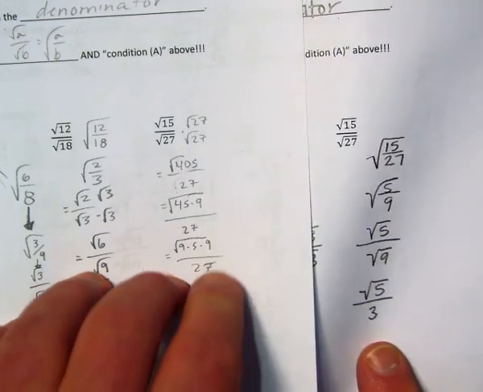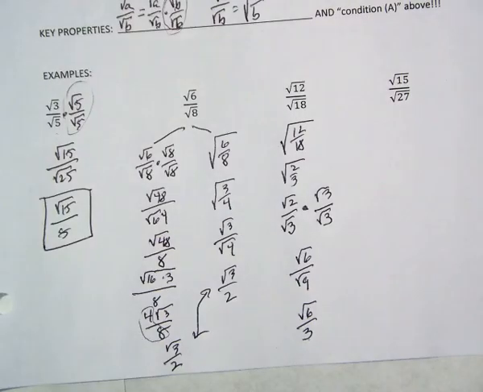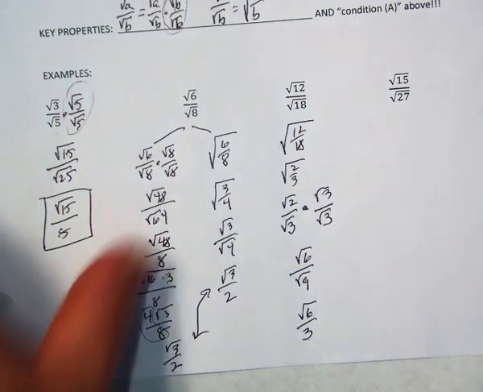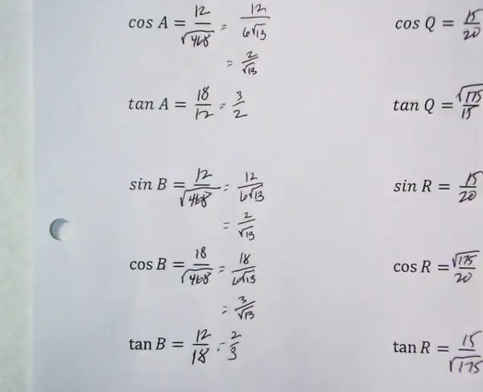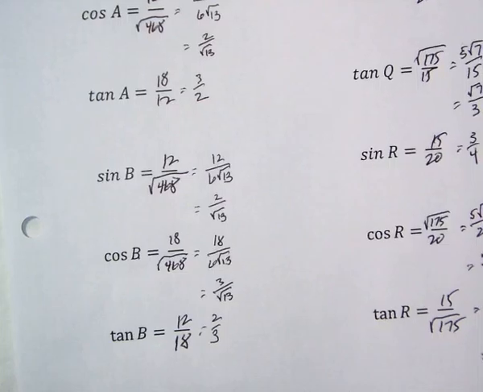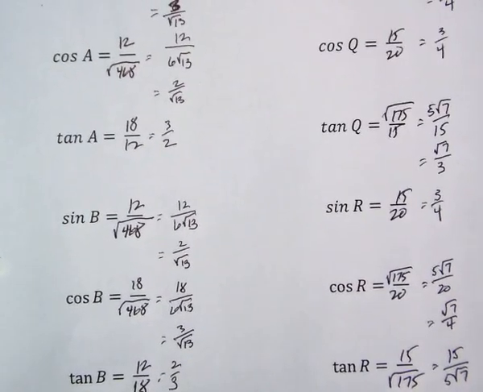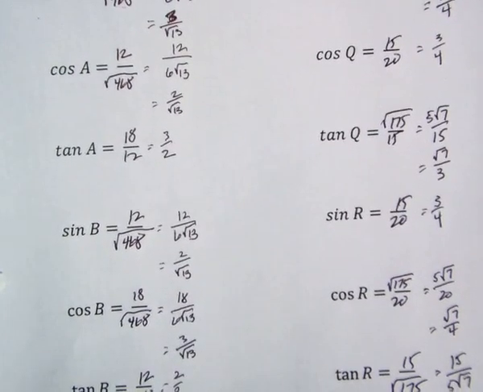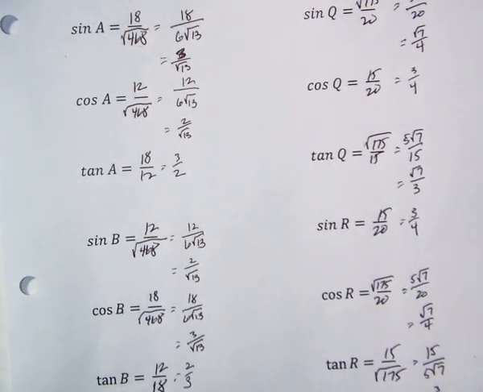All right. With that in mind, what I would like you to do is go back to our trig ratios, please. I believe this was the one that we were working on. A number of those are in need of cleaning up. We did the first condition, but we didn't take care of the second condition.